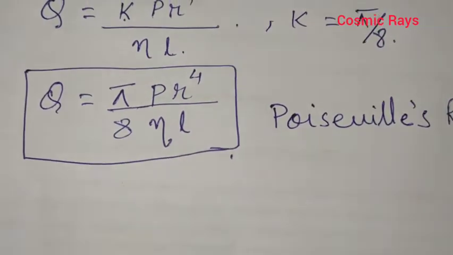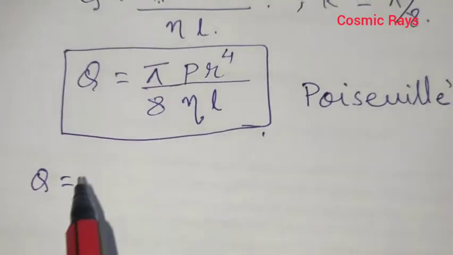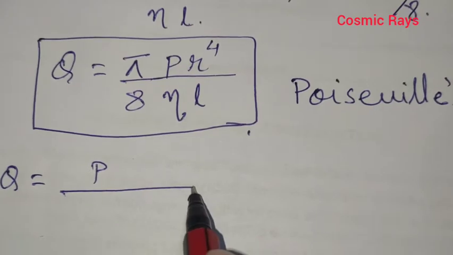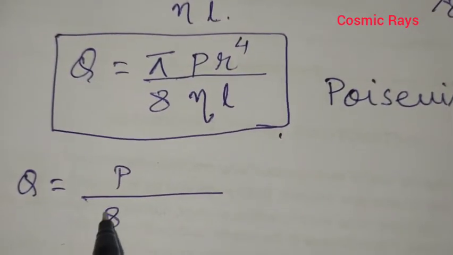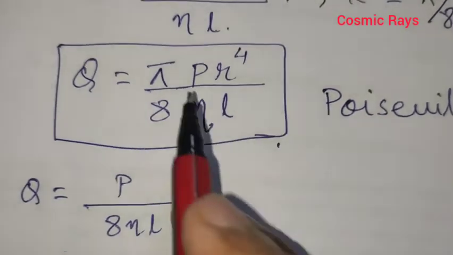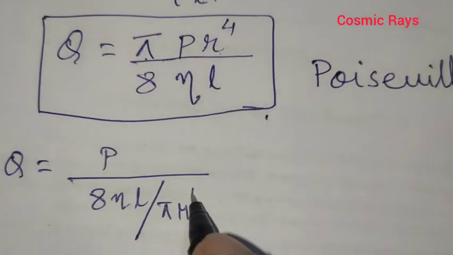If we rearrange this, we can write Q is equal to P upon 8 eta L over pi r to the power 4.